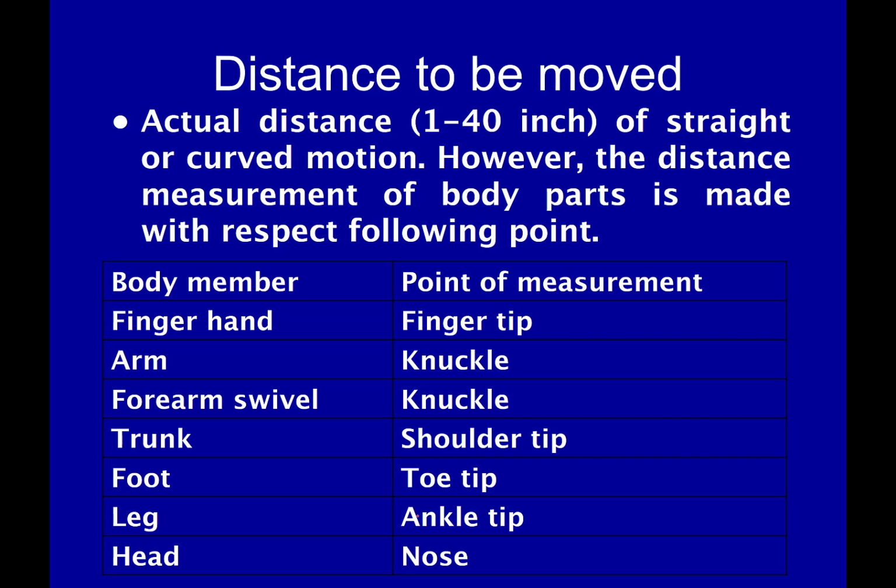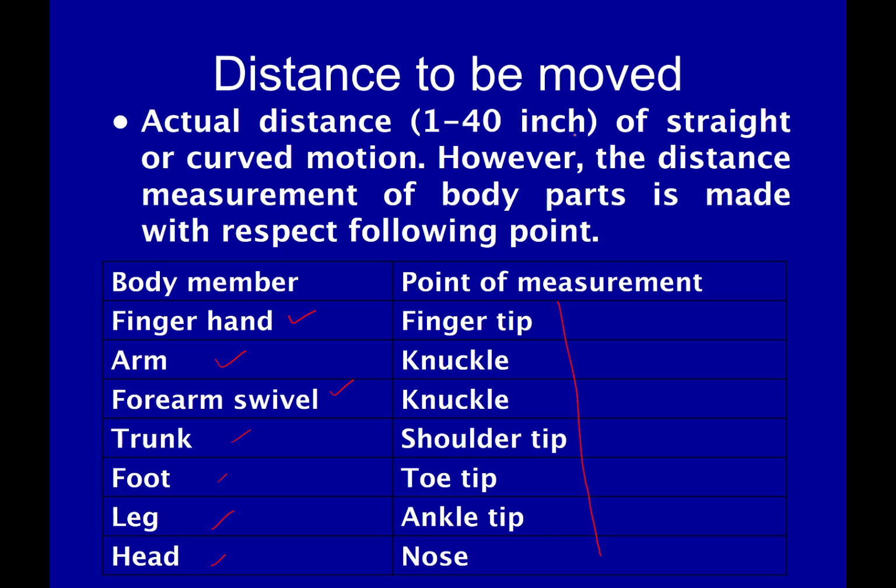Obviously we have to see what the body parts involved in performing a particular movement are. That has to be identified first. These body parts can be the finger, hand, forearm, trunk, foot, leg, head, and so on. With respect to these, the point of measurement determines how the distances traveled are measured.